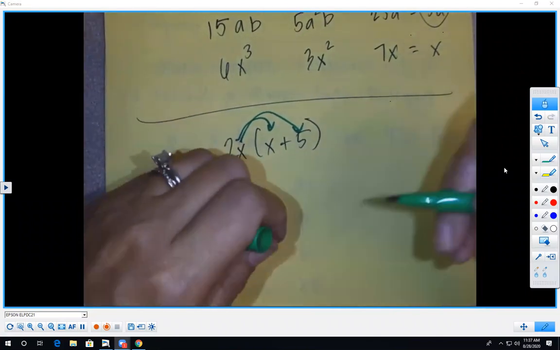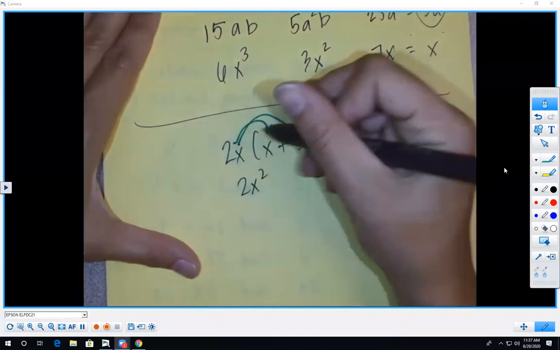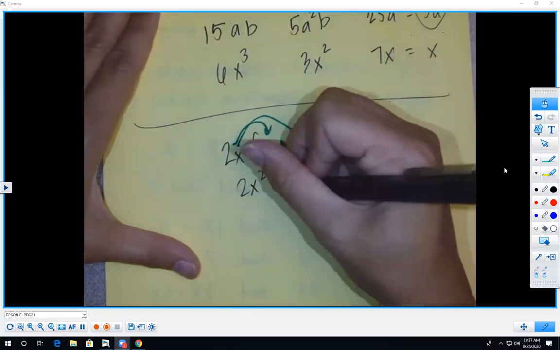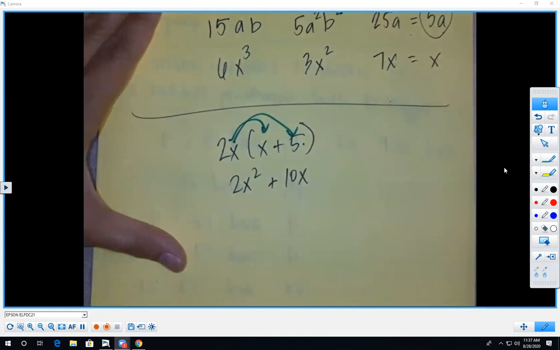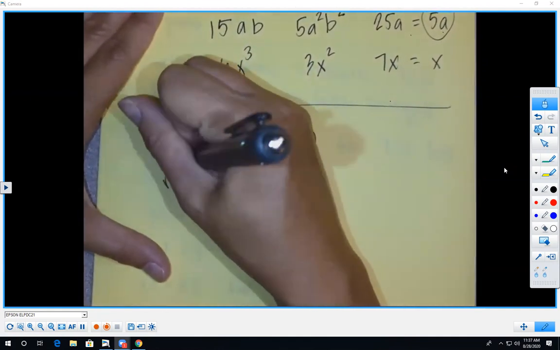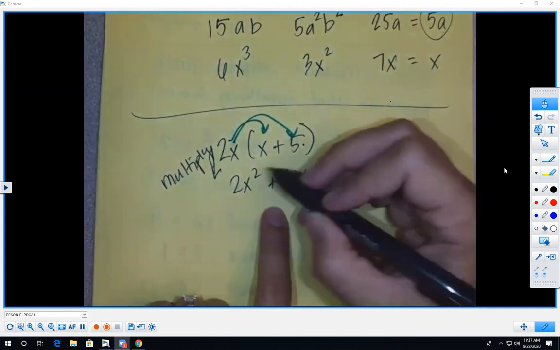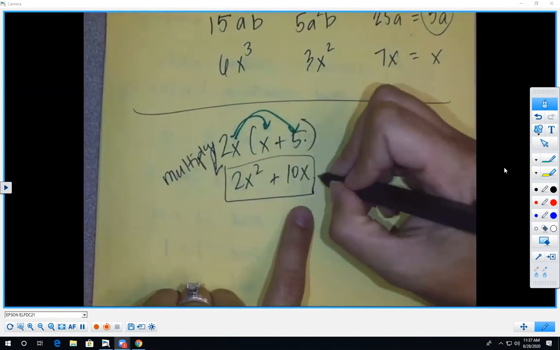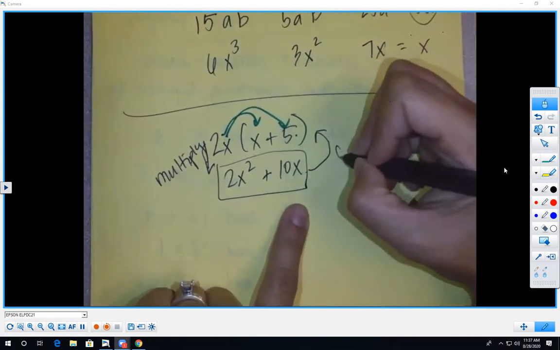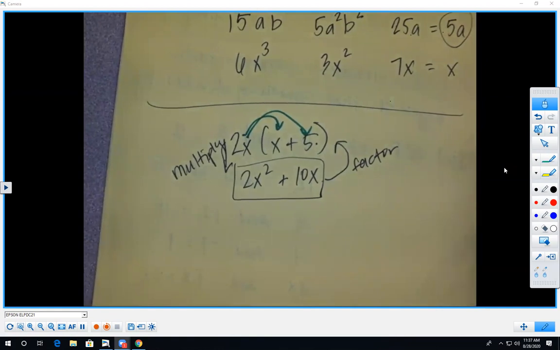What's 2x times x? 2x squared. What is 2x times 5? 10x. So going this direction in the problem, that's multiplying. If I went the opposite way, if I started with this 2x squared plus 10x, that's like the answer. If I started with that and went backwards, that's factoring. So factoring is like undistributing or unmultiplying something.